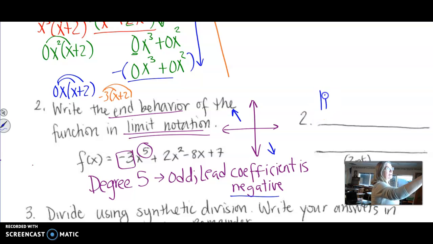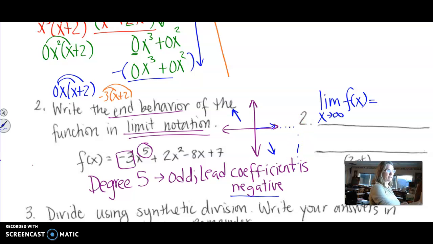And the way that you write that in limit notation is limit of f of x, we abbreviate limit as lim, and we say as x goes to infinity, right underneath the word lim. For all polynomials, the end behavior is going to be positive infinity or negative infinity. So let's look at what's happening when x gets bigger and bigger and bigger.